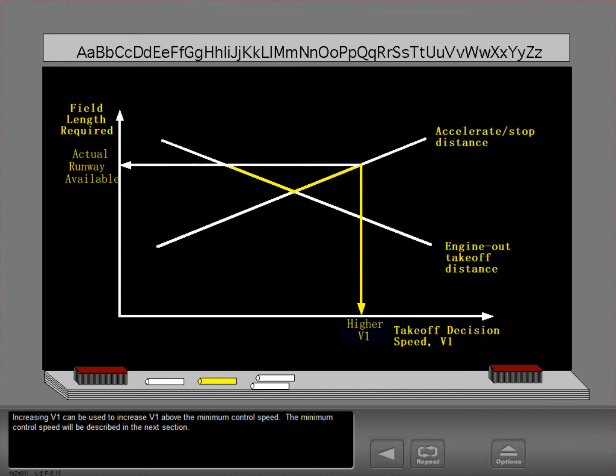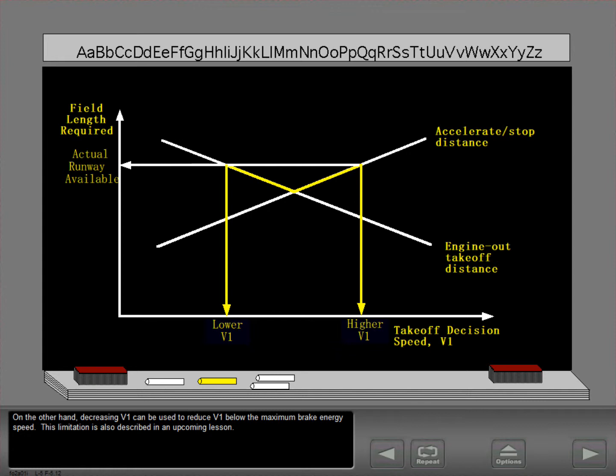Increasing V1 can be used to increase V1 above the minimum control speed. The minimum control speed will be described in the next section. On the other hand, decreasing V1 can be used to reduce V1 below the maximum brake energy speed.